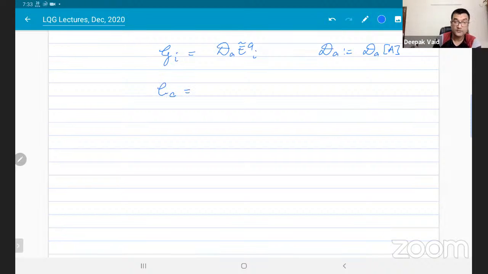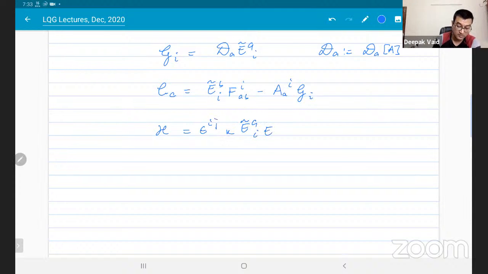Then you have this diffeomorphism constraint, which looks like this, F^I_{ab} minus A^I G_I. And then finally, you have your Hamiltonian constraint, which looks like this, F^K.